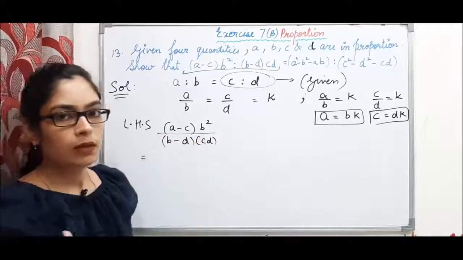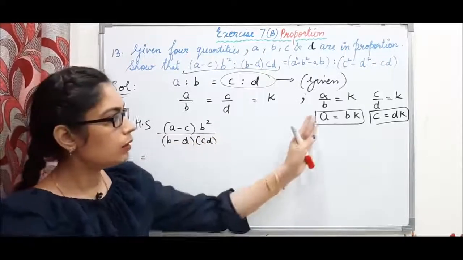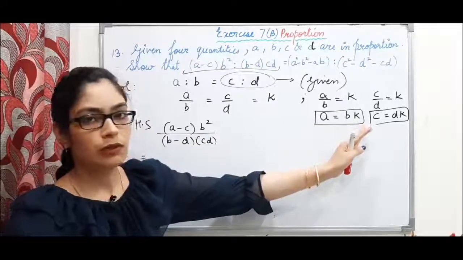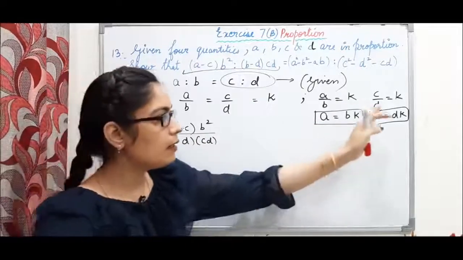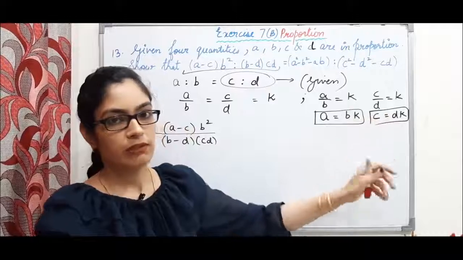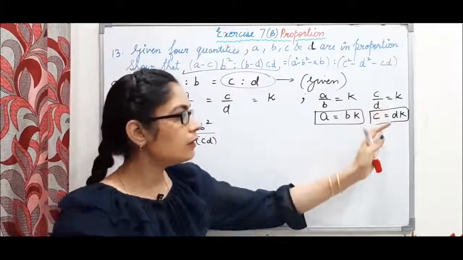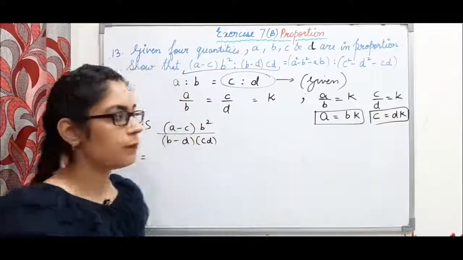Wherever A is present, I substitute A as BK, and wherever C is there, I write C as DK.